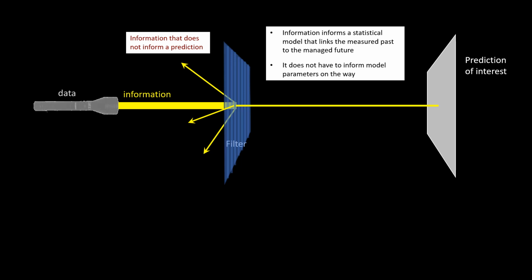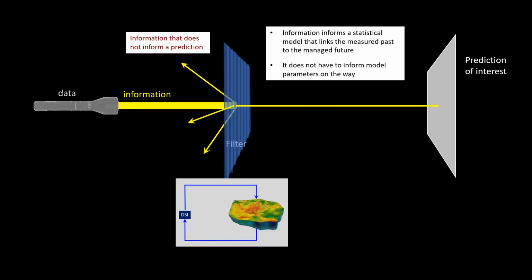Now, it turns out there is a way that we can do this, and that way is data space inversion. There, it reasons in ways that we discuss in other GMDSI videos and tutorials. We replace our complex model with complex parameterization scheme with a statistical model with a simple parameterization scheme.